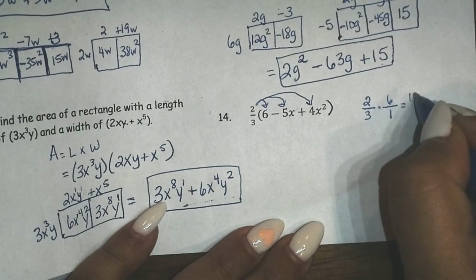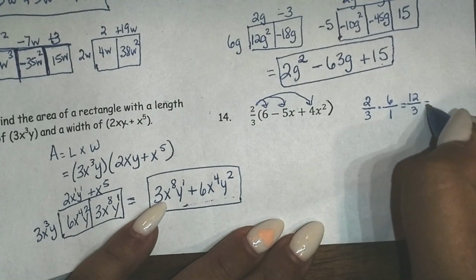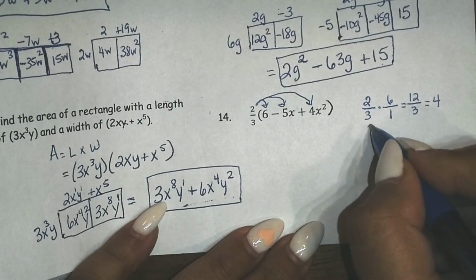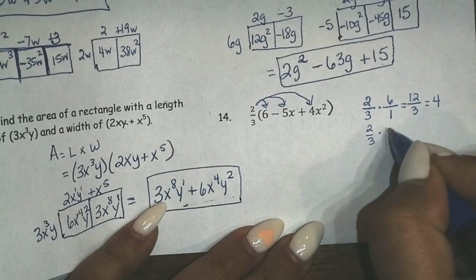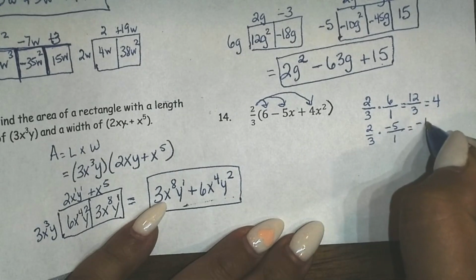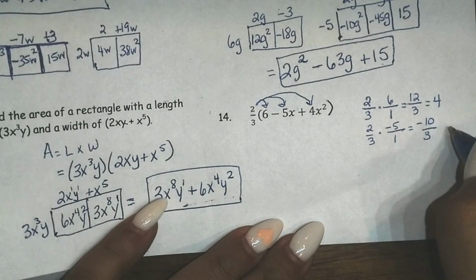And if it's a whole number, you put it over 1. So 2 times 6 is 12. 12 divided by 3 times 1 is 3, and 12 divided by 3 is 4. Okay, we have 2/3 times a -5 over 1. So this is going to be -10 over 3.